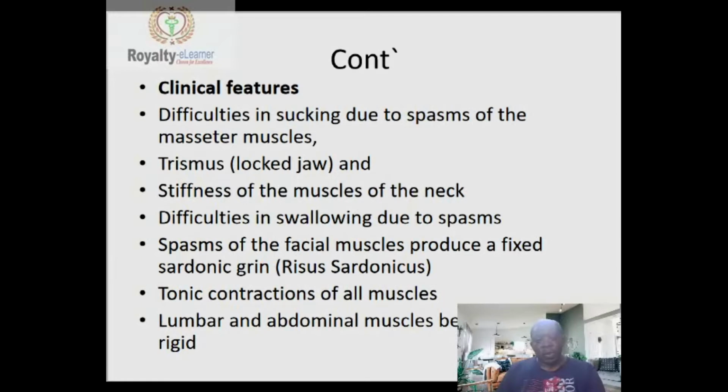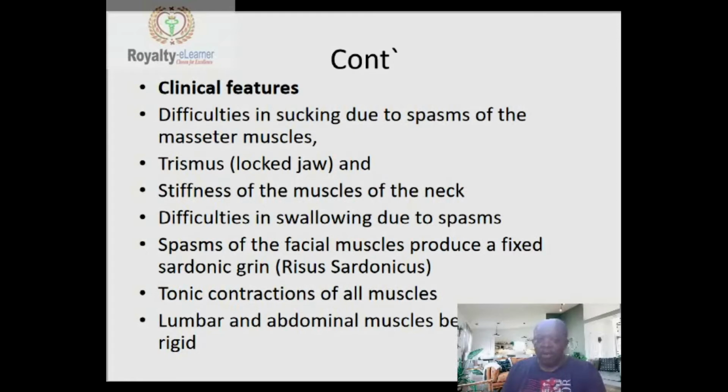There is also what we call trismus or lockjaw that we also see as one of the signs and symptoms in neonatal tetanus. There can be stiffness of the muscles of the neck. There can be difficulties in swallowing due to spasms. There can also be spasms of facial muscles that produce a fixed sardonic grin, which we call risus sardonicus.